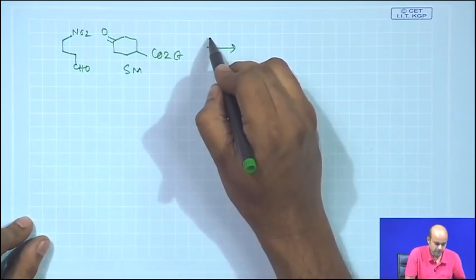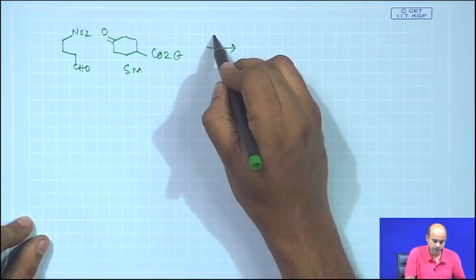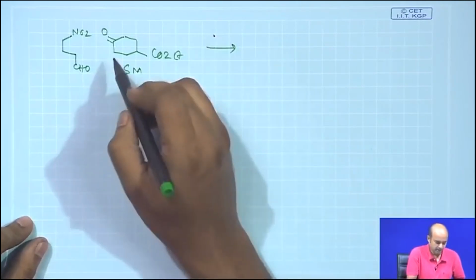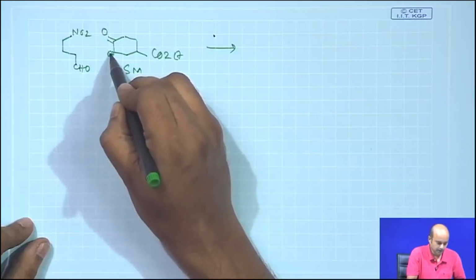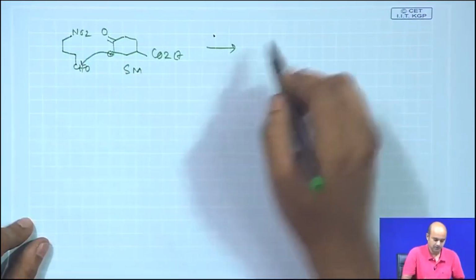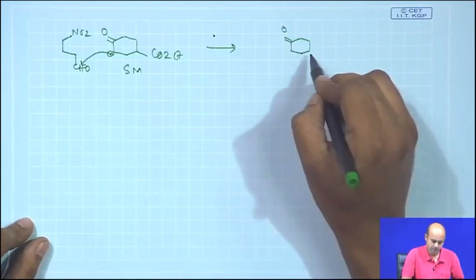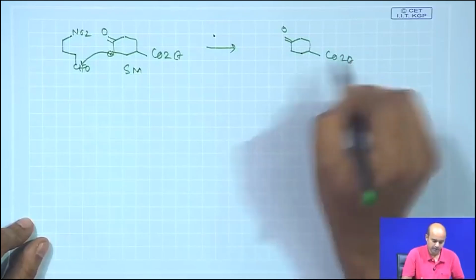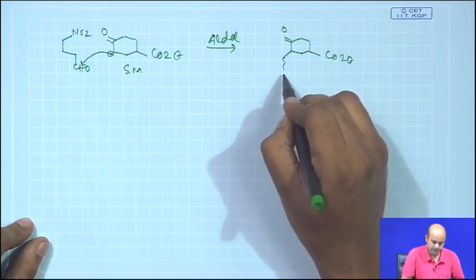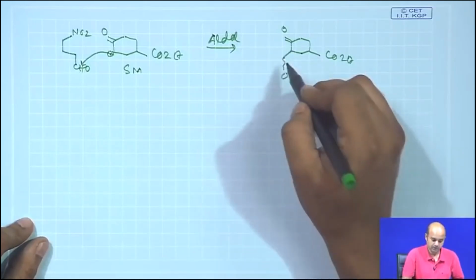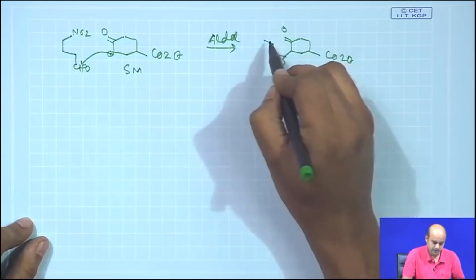So, the initial step will be a simple aldol kind of reaction, and that basically will generate the carbanion, and it will attack this aldehyde first. Okay. This is simple. NO2 remains here. So, we have this first aldol. Now, here you have this OH, which will be the OH which we require at the later stage.